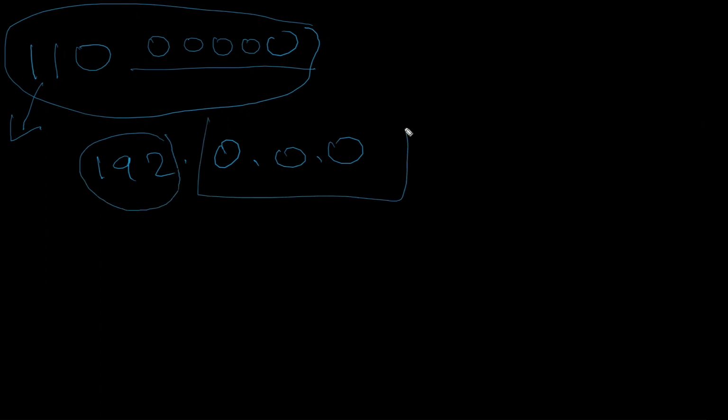So 128 plus 64 is 192. So this starts with 192 dot, and the remaining 3 octets are zeros. We just need to see the first octet. We don't need to care about the other 3 octets. Based on the first octet itself, we can say which IP address falls under which category. So from here to 223 dot 255 dot 255 dot 255.